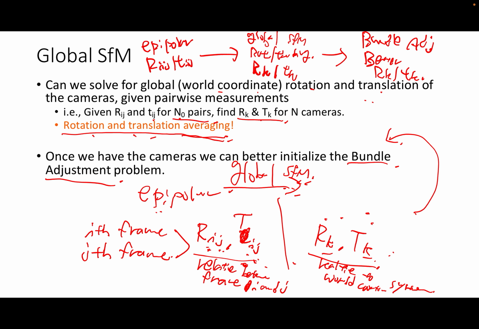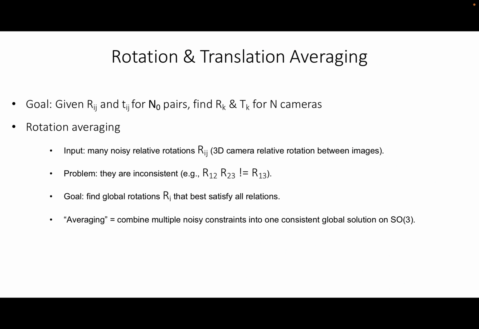We will not see details, but rotation averaging is this: let's say we have Rij and Tij for N choose 2 pairs, and we want to find Rk, Tk for N cameras. The input is many noisy relative rotations, which is what we get from epipolar geometry, right? The problem is that they are inconsistent. For example, if we multiply the relative rotation R12 and R23, we get R13.